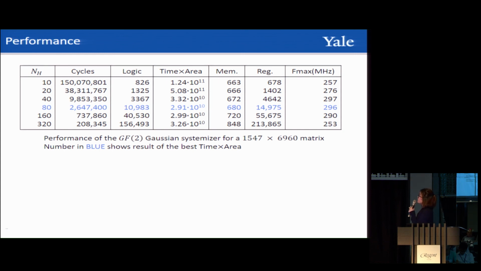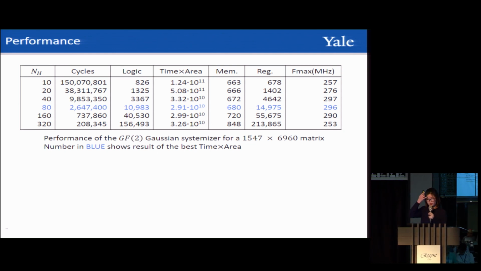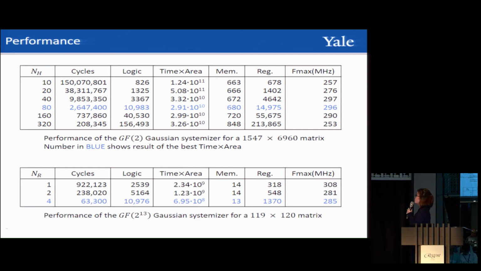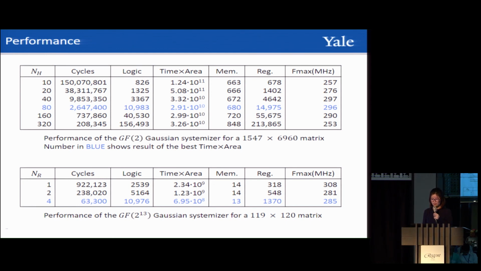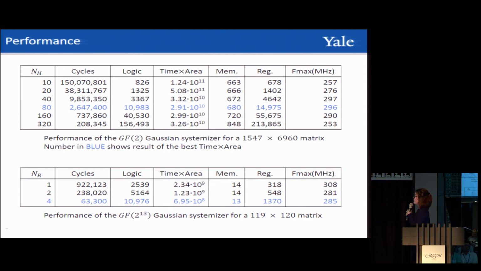And the number labeled in blue shows the best time-area product configuration. And since our Gaussian systemization method is fully parameterized for field size and for matrix size, you can simply pick your field size and your matrix size and then synthesize it for your design. And here, this table shows the performance for the GF(2^13) Gaussian systemization method, which is used to get the Goppa polynomial, which I will explain later.